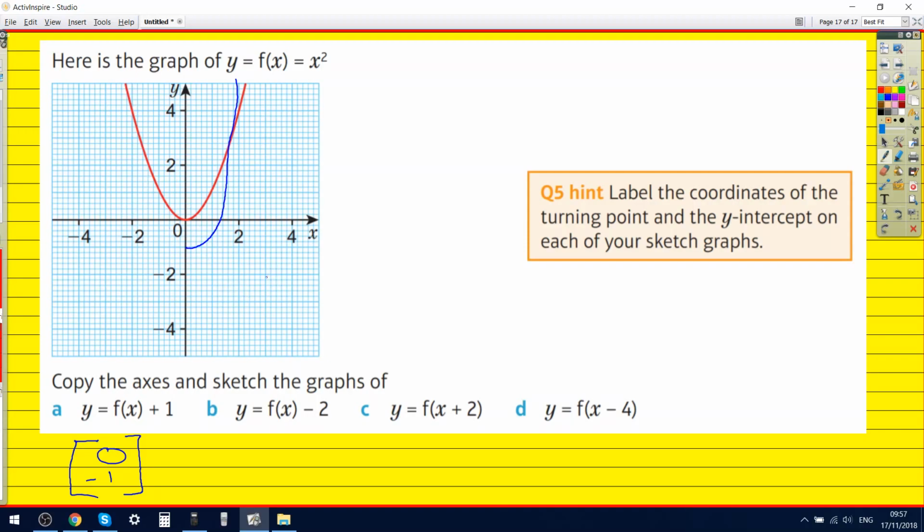Okay, how about the next one? Okay, so no, hold on. If you were to bring the plus 1 to the other side, you know how it would be y minus 1 equals f of x?